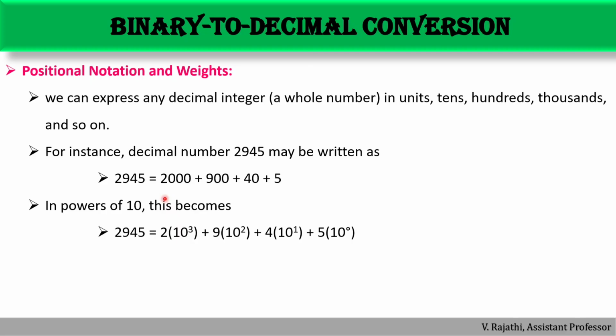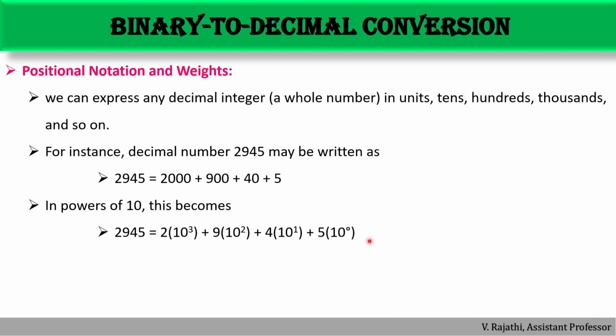In powers of ten, 2945 will be written as 2 into 10 power 3 plus 9 into 10 power 2 plus 4 into 10 power 1 plus 5 into 10 power 0.